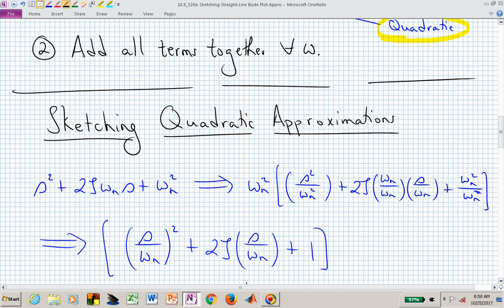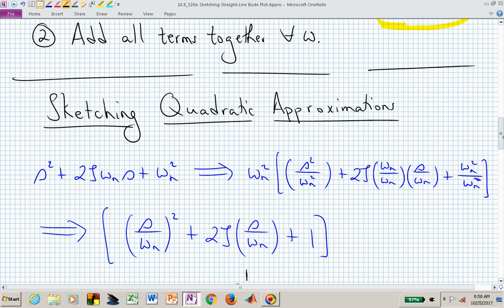We can pull out the squaring on the s over omega sub n. We've squared the numerator and denominator in that first piece, and I've not worried about carrying down that omega sub n squared, the constant. That will be absorbed into the constant factor or constant term. So we want to just focus on this piece, which is the quadratic behavior associated with two complex conjugate poles, or two complex conjugate zeros.